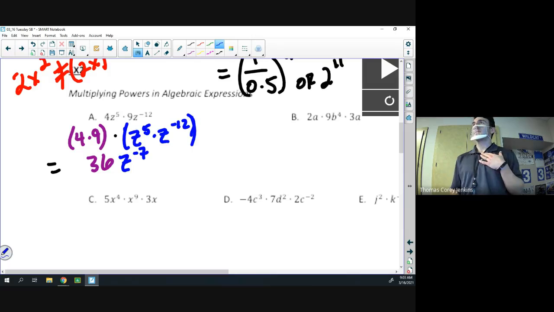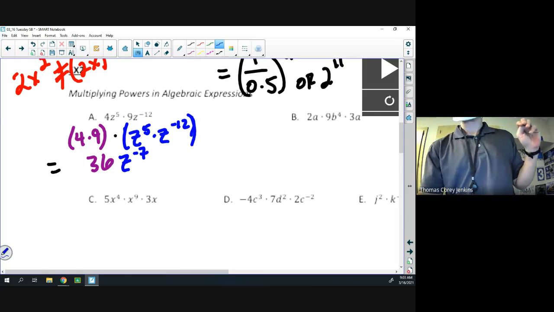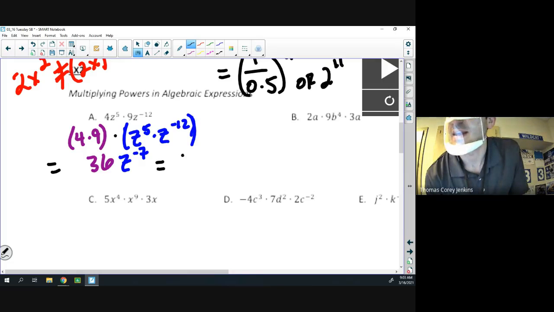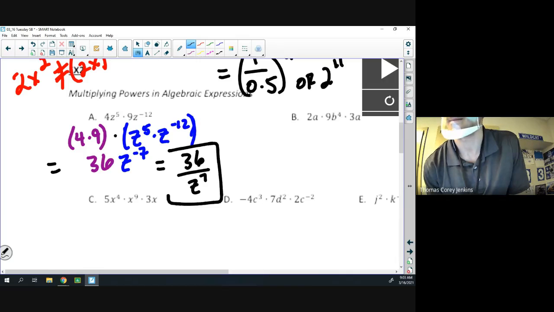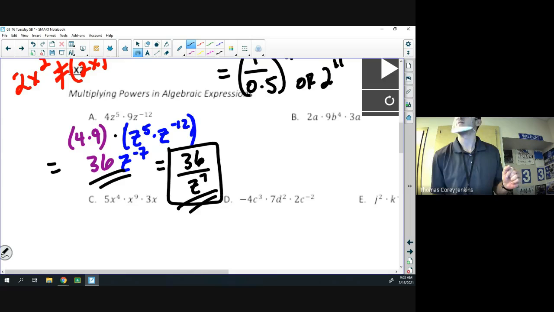Why would that not be acceptable? Tristan? Negative exponent. Anybody want to take a stab at simplifying that for me? All right, so that would be equal to 36 over z to the positive 7. Does anybody have any questions about how I get from here to here? Okay, you guys just aren't real talkative today.